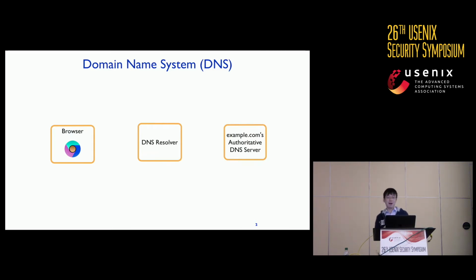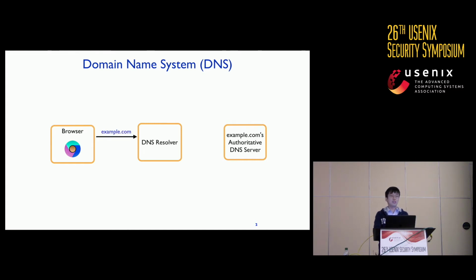This talk is about DNSSEC, which is a security extension to DNS. Many of you are familiar with DNS, but let me give you a little background. DNS is like the yellow pages of the internet. It translates human readable names, like google.com, to IP addresses. In practice, when you type a domain in your browser, your machine is configured to use your local DNS resolver.